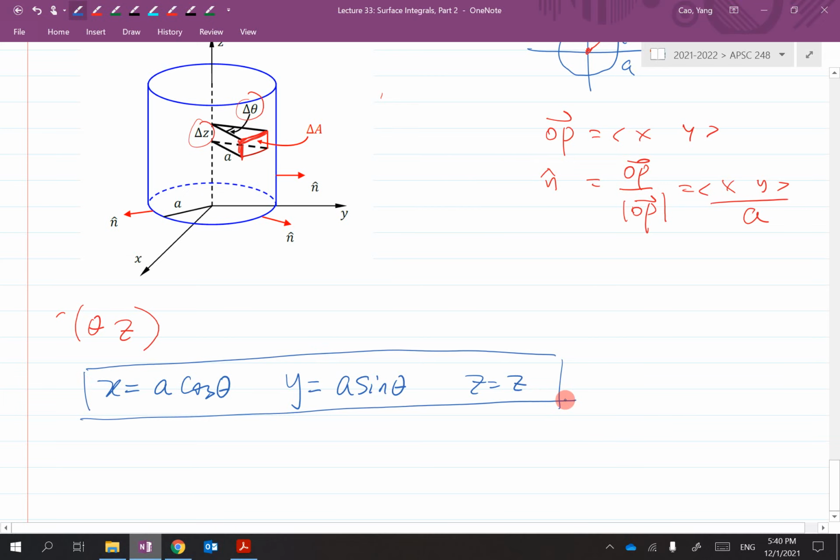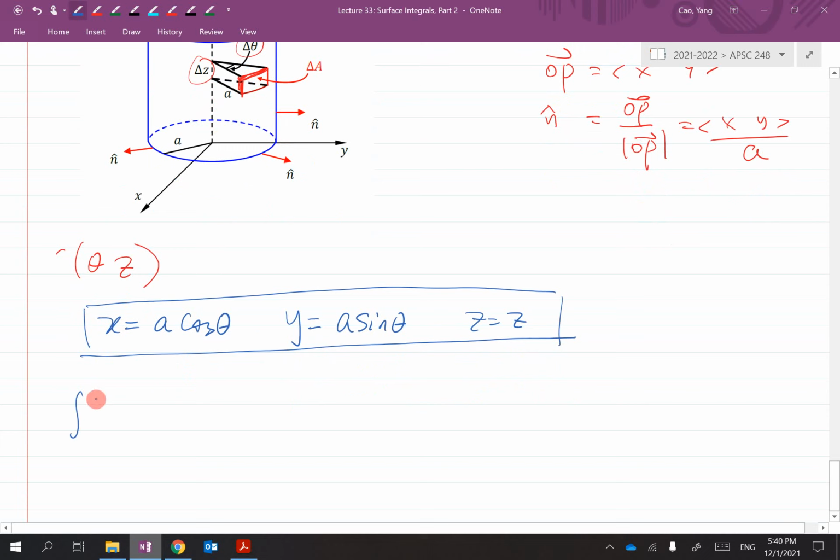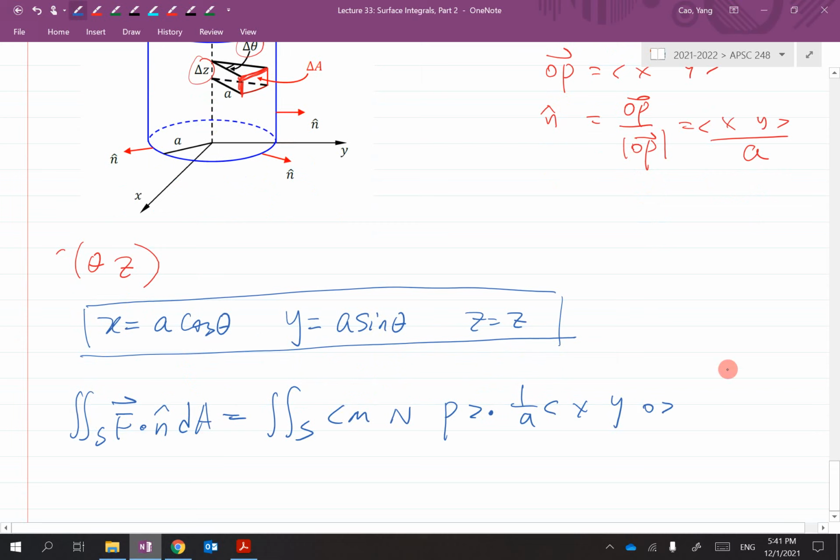So I think I'm ready to derive a generic formula now. F dot n hat dA. F has three components, m, n and p, and n hat is 1 over a times x, y, 0, and dA is derived as a times dz d theta.